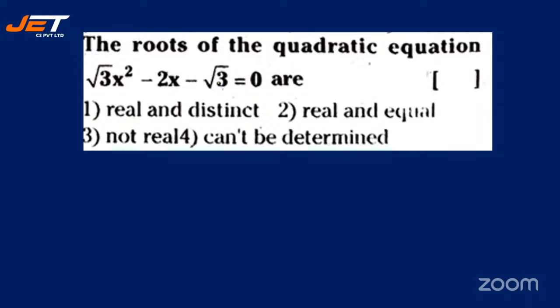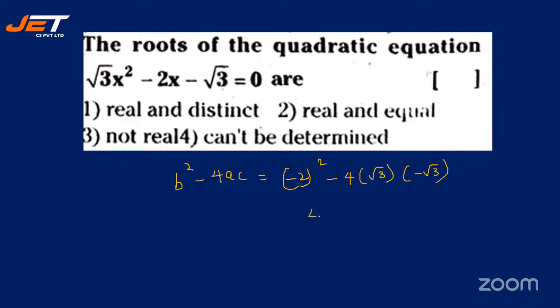For this, we must be thorough with b square minus 4ac. If it is greater than 0, then the roots are real and distinct. If it is equal to 0, then the roots are real and equal. If it is less than 0, then the roots are imaginary and complex. So what is b square minus 4ac? It is minus 2 the whole square minus 4 into root 3 into c, which is minus root 3.